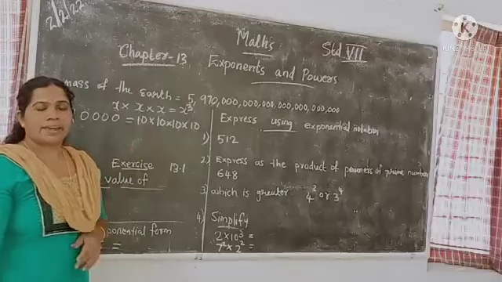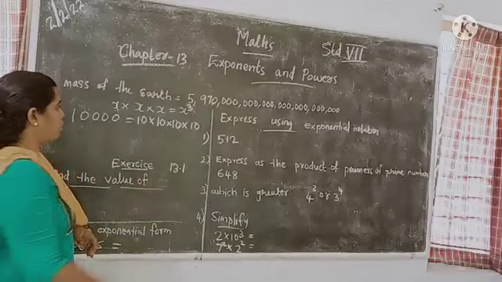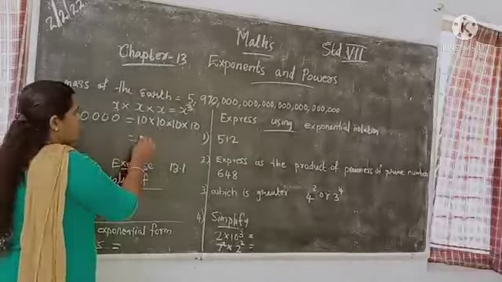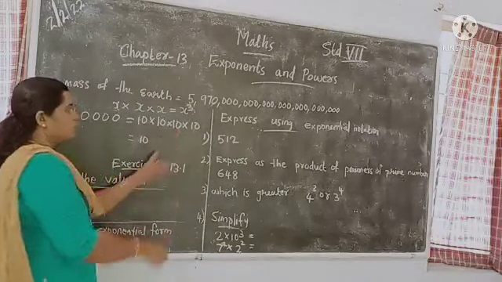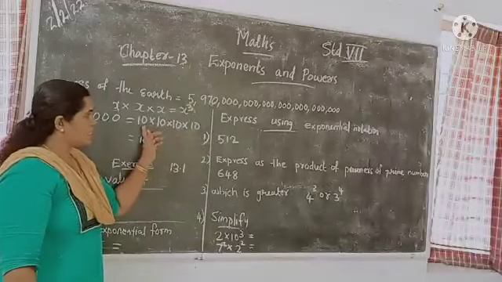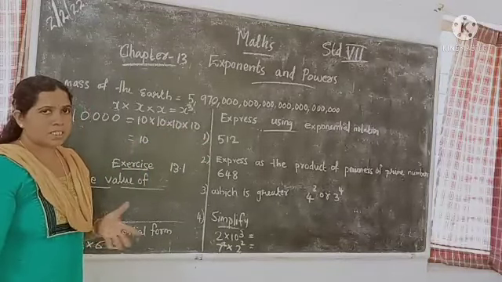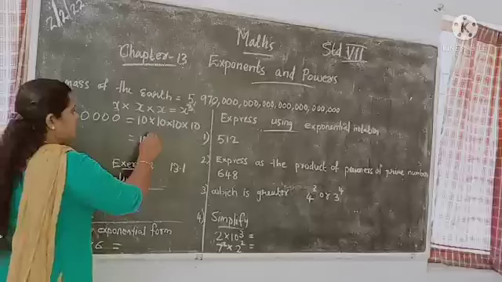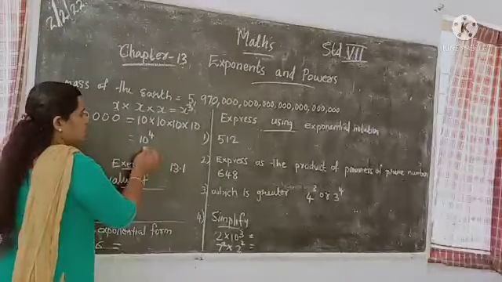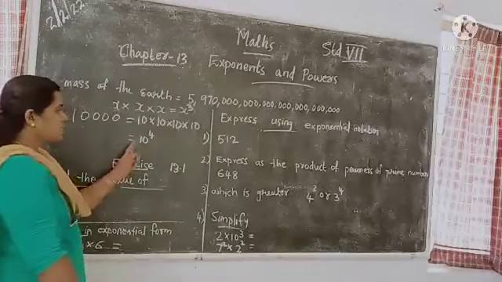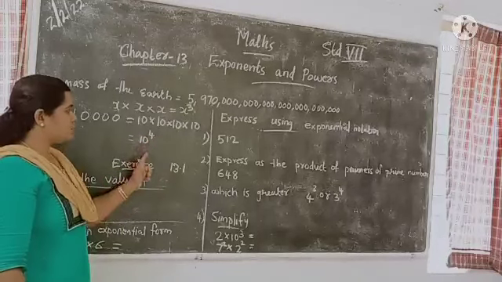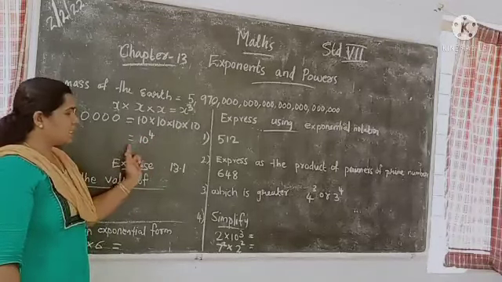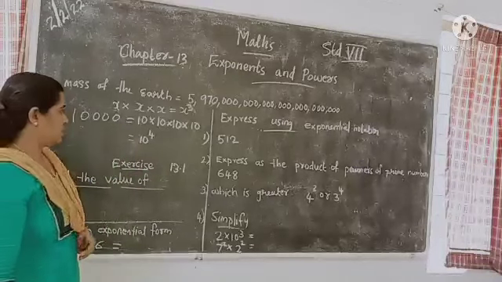These are exponential forms. We can write 10,000 as 10 into 10 into 10 into 10, that is, 10 multiplied by itself 4 times, 10 raised to 4. This is read as 10 raised to the power of 4, and simply we read it as 10 raised to 4.